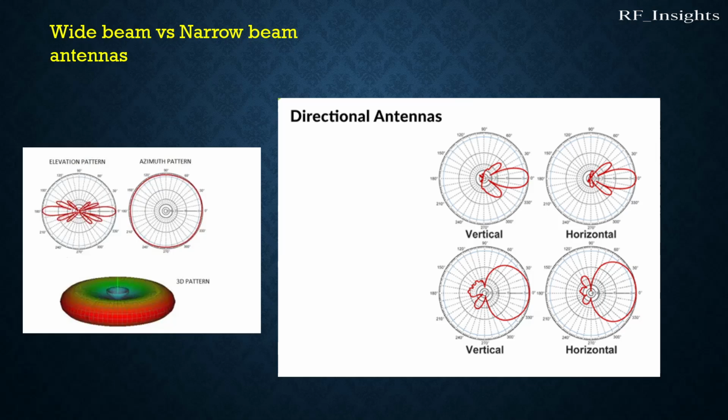As a rule of thumb, as the size of the antenna increases, its beam width gets smaller and smaller, and its gain gets larger and larger. Here you can see the antenna pattern of a wide beam antenna. These kinds of antennas are mostly suitable for point to multi-point systems or providing coverage to a large geographical area.